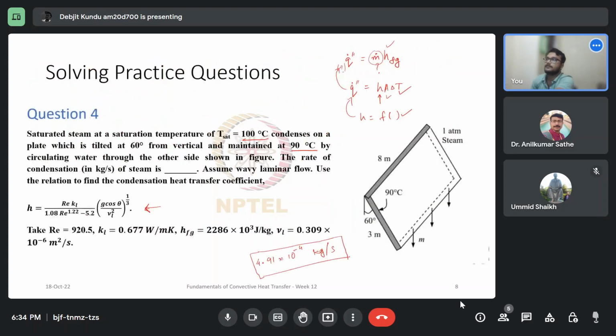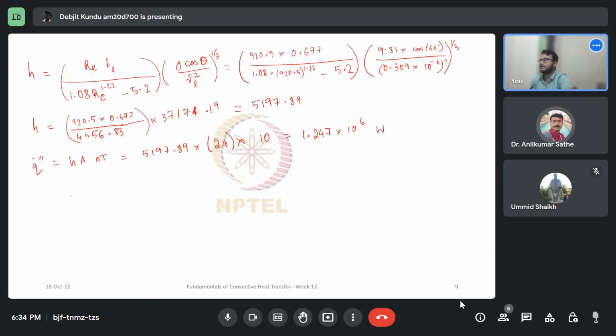And for the next step, we'll equate this with the rate of latent heat being transferred. So instead, we can write down this as Q dot equal to M dot into HFG. And now we will calculate M dot as this heat transfer rate divided by the latent heat capacity.